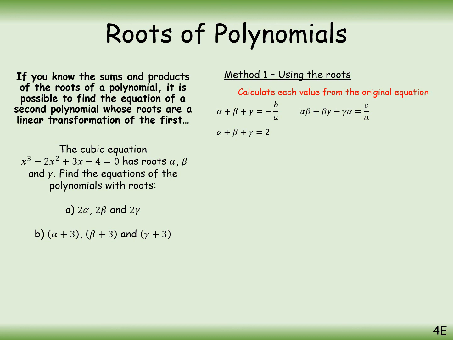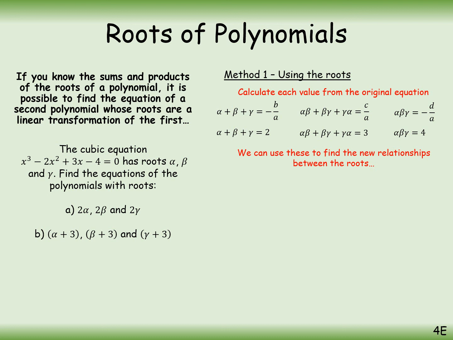And the sum of the doubles is equal to c over a, so in this case it is equal to 3. And the product of all 3 is minus d over a, which is equal to 4.